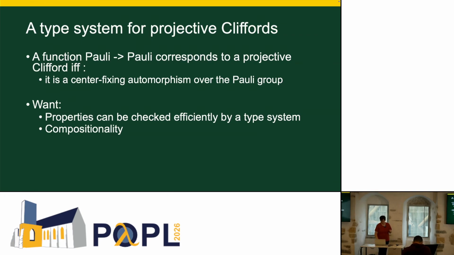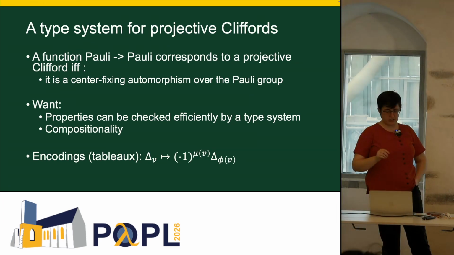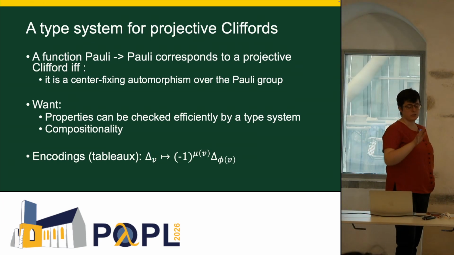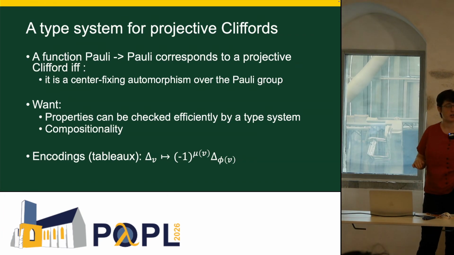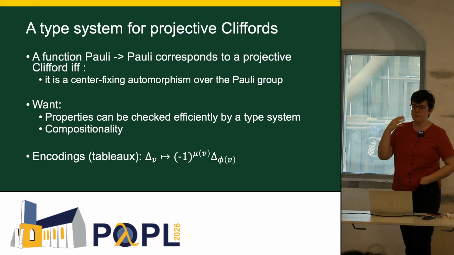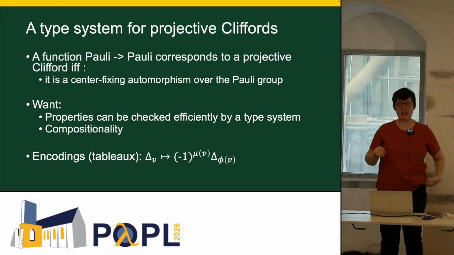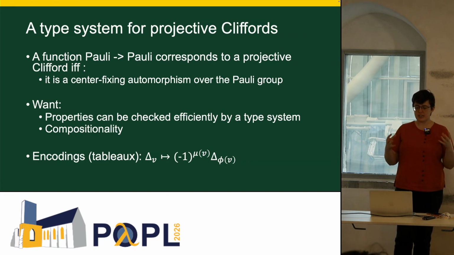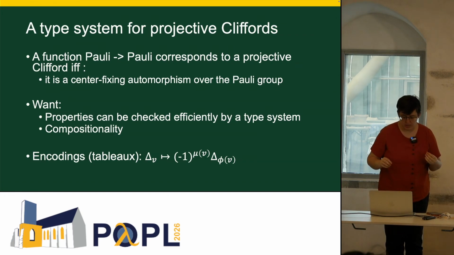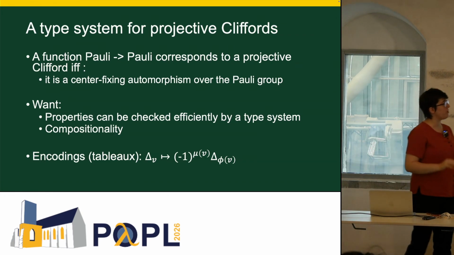Okay. So to figure out how to characterize these functions, I'm going to look at the encodings that we were talking about when we were talking about the Pauli tableau. We can think about that encoding as breaking the projective Clifford down into two parts.